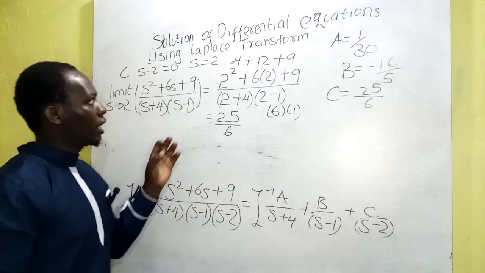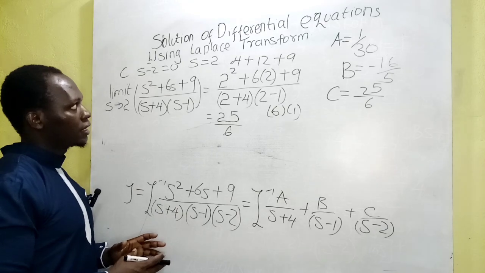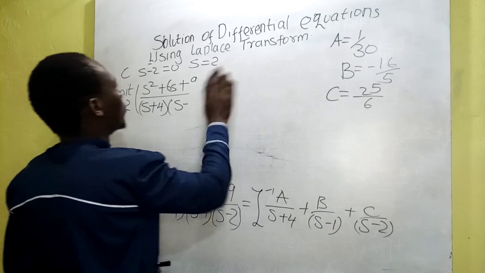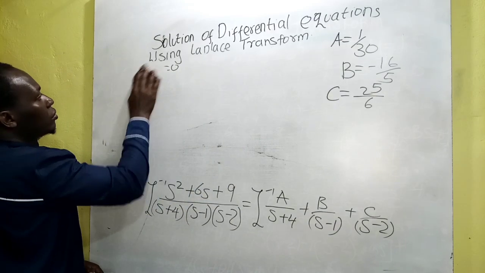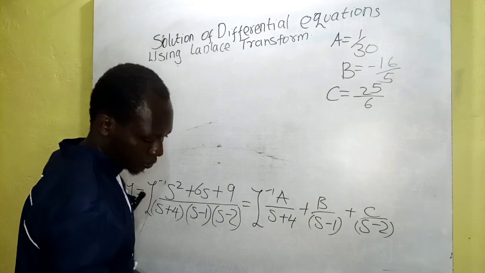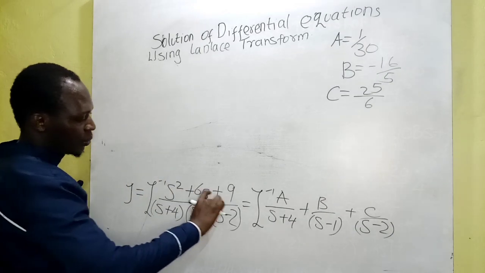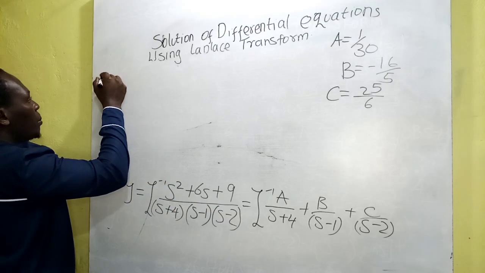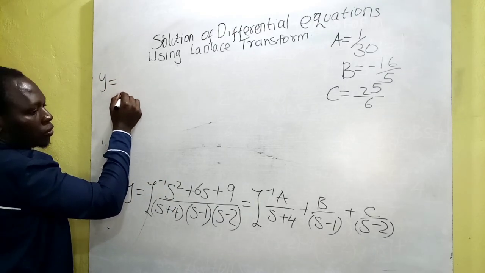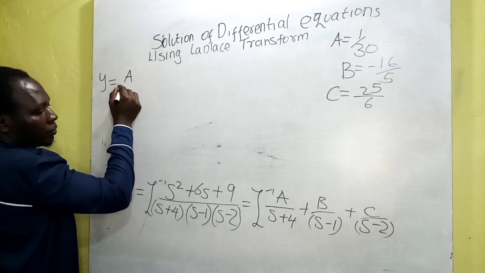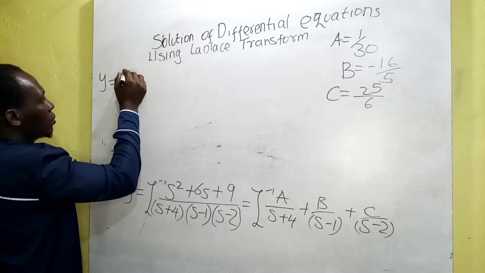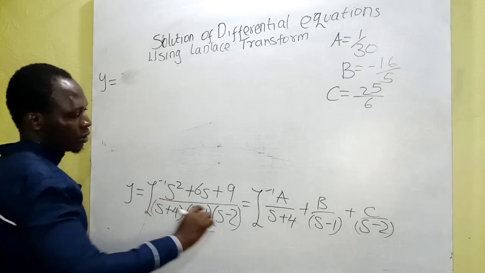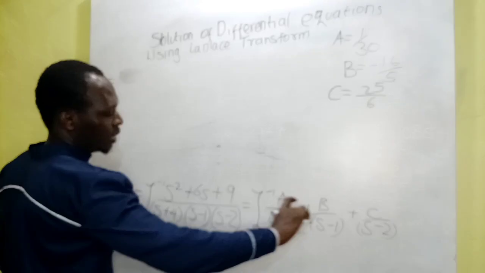Now, from this point, we can rewrite everything and say that we understand that whatever we are having here is equal to whatever we are having on the other side. Now we will be having y is equal to everything on the other side.